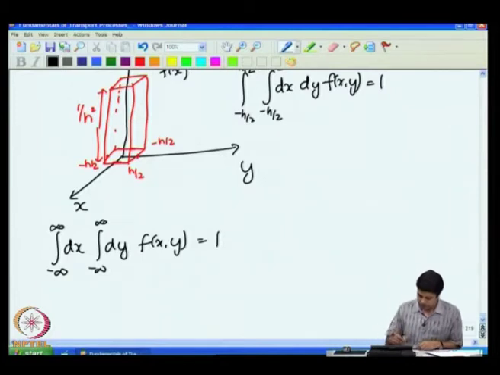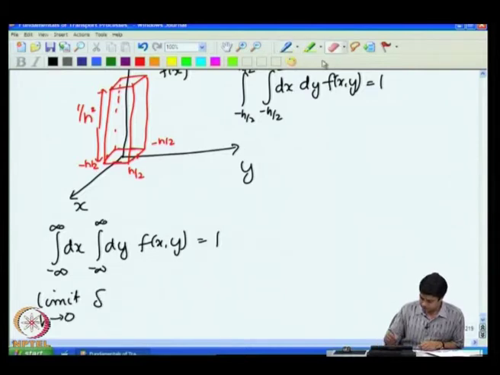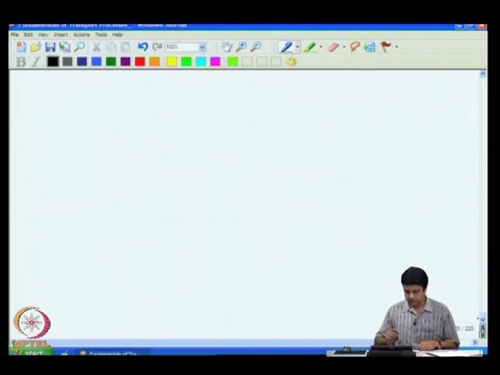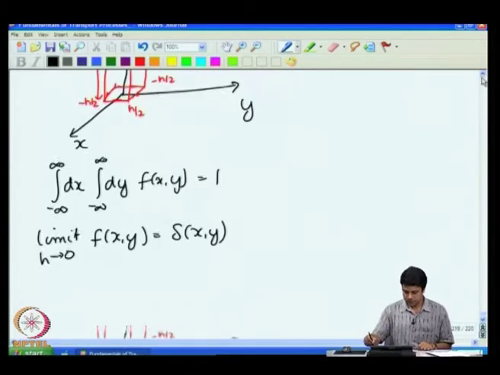In the limit as h goes to 0, f of x y is equal to delta of x y.